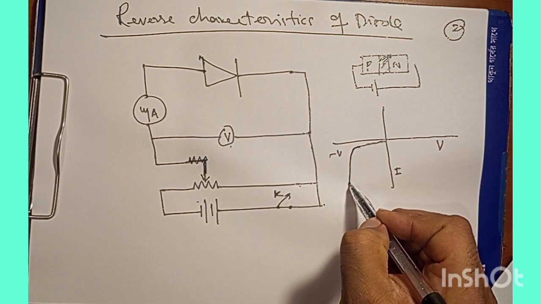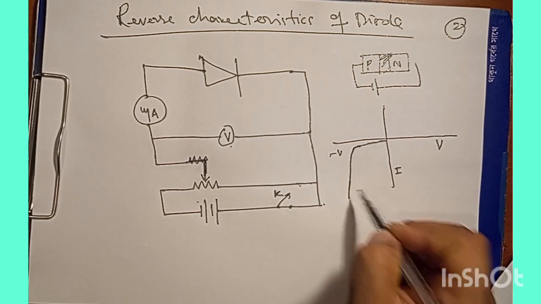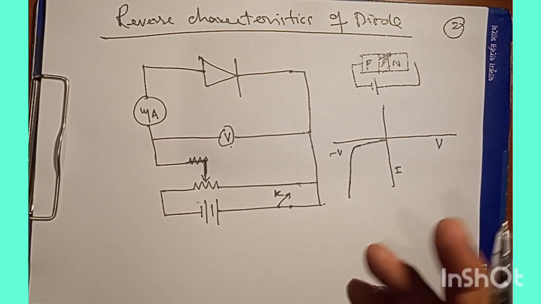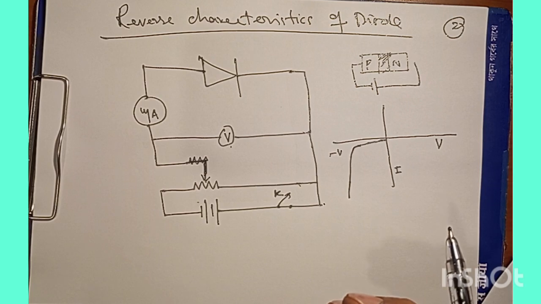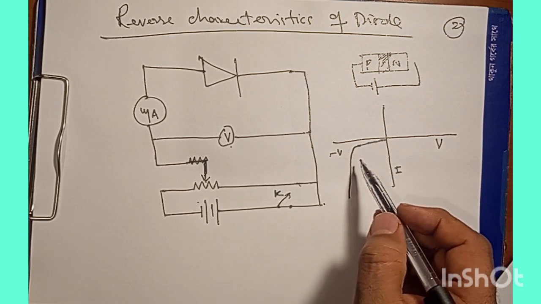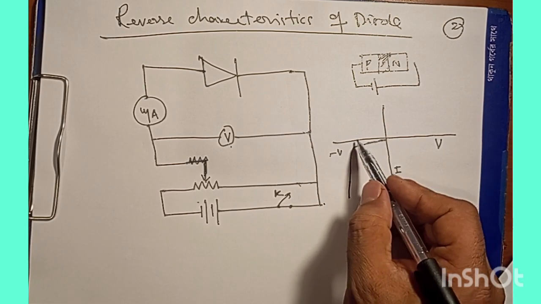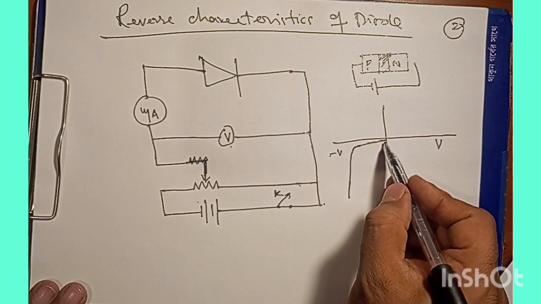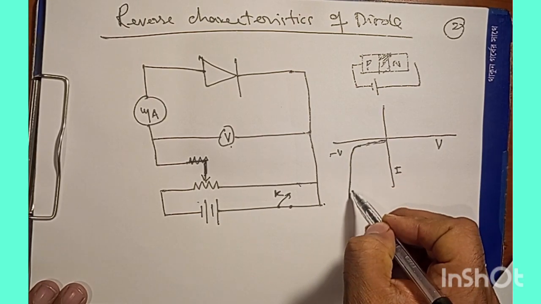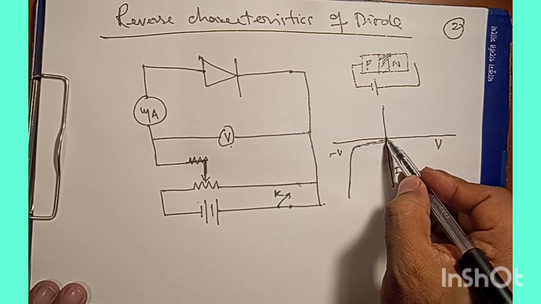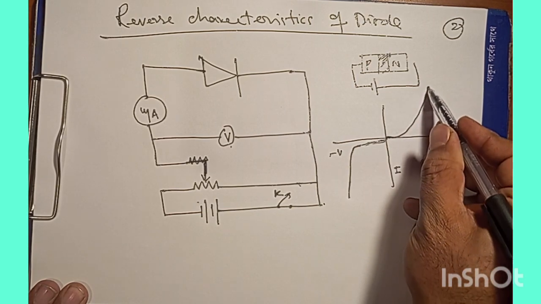Once the breakdown voltage is reached, there is a high reverse current, and this current may damage ordinary junction diodes. That current is produced at the voltage called the breakdown voltage. So this side of the graph shows us the reverse characteristics of the PN junction, and if I plot the forward characteristics, it was something like this.